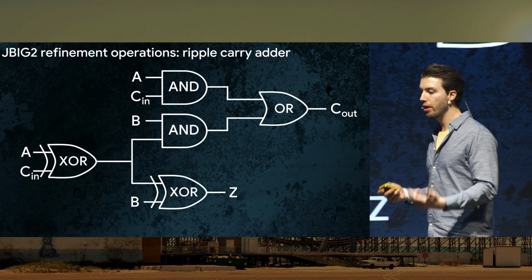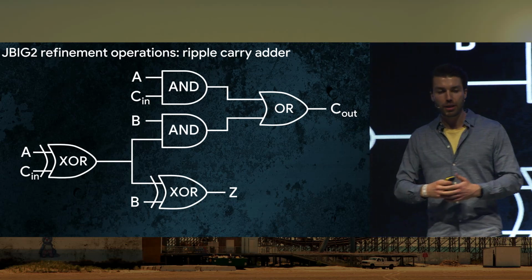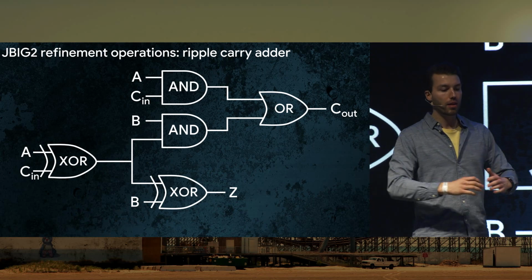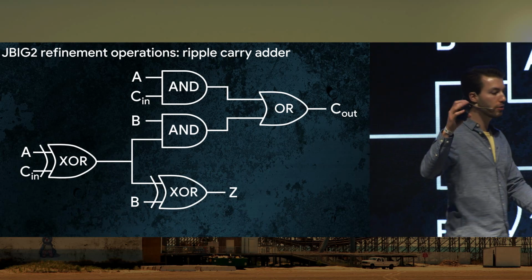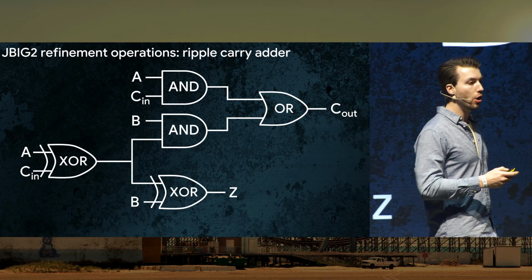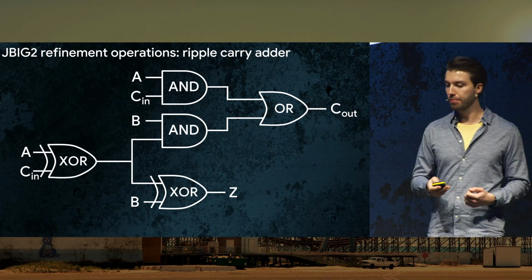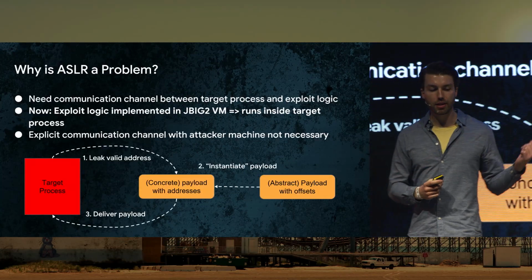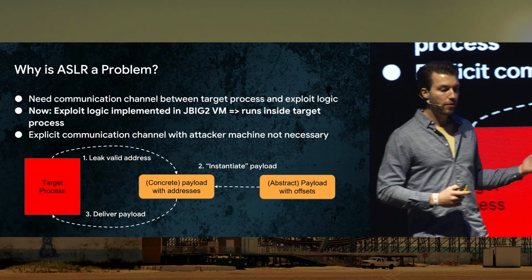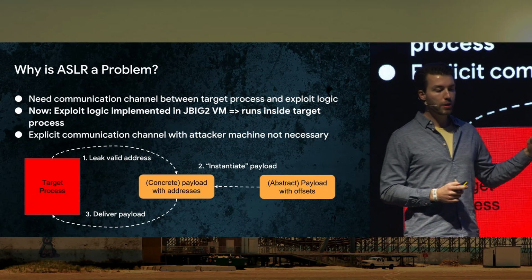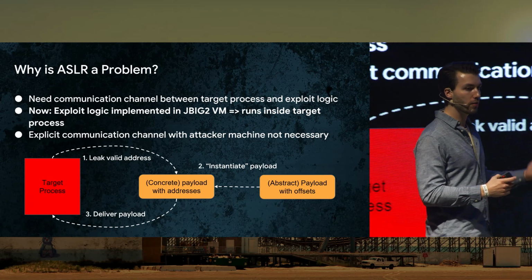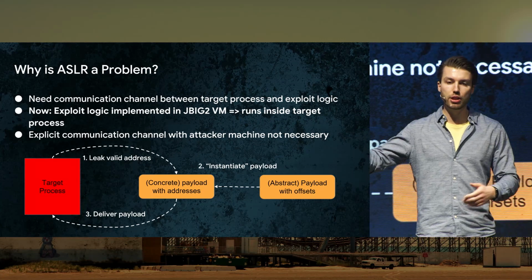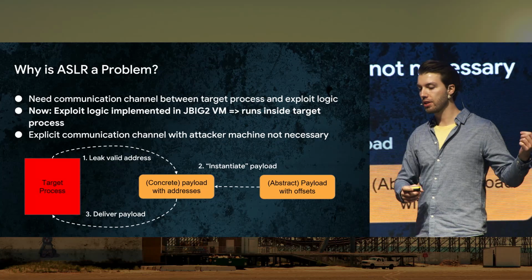What this now lets you do is, because we have unbounded the JBIG2 stream, we can now add arbitrary stuff in memory together and perform logical operations on other parts of the process memory. So how does this help us with ASLR? Let's go back to this slide. Remember from before, we needed this communication channel, right? Because the exploit logic was running on the server, on the attacker's machine, and the target process was on the device.